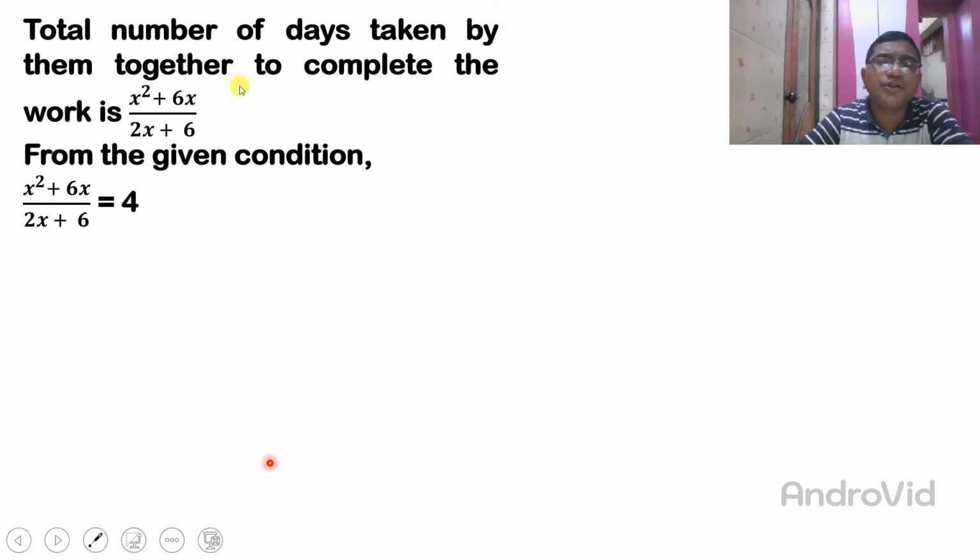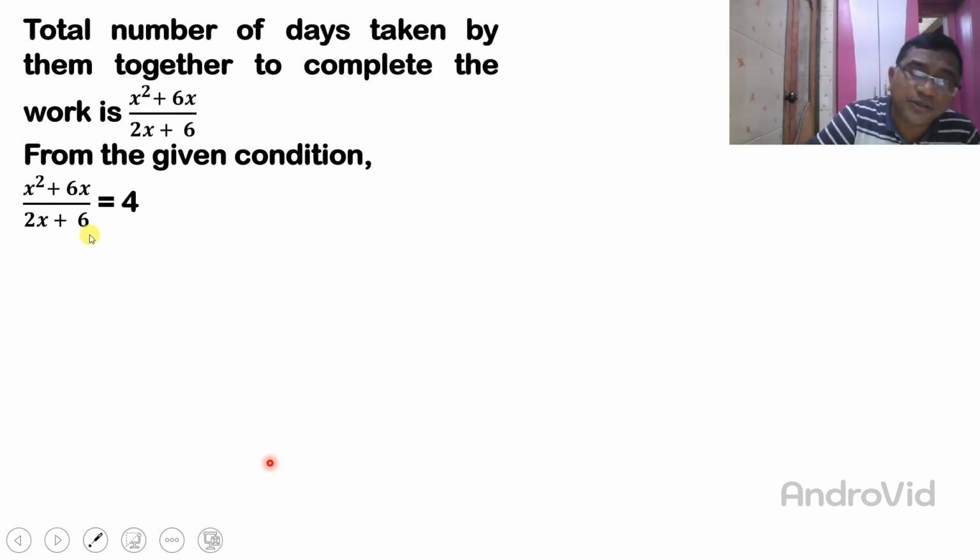By the given condition, if they work together they require only 4 days. So x square plus 6x divided by 2x plus 6 equals 4.